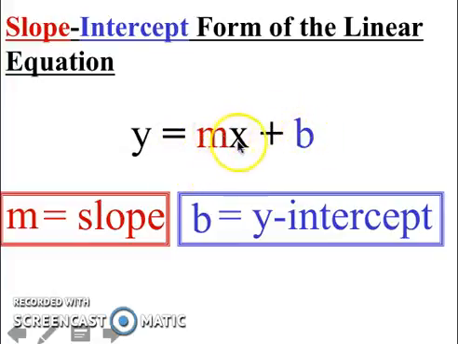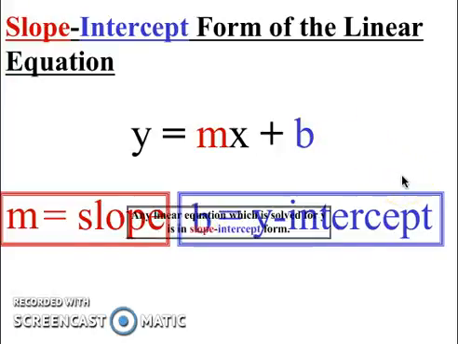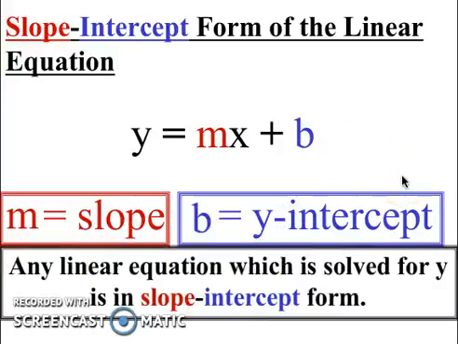The m is always next to the variable x, and the b is our y-intercept, which is going to determine where the line is going to cross the y-axis. Let's keep those things in mind, and this is going to help us to graph any linear equation in this form.